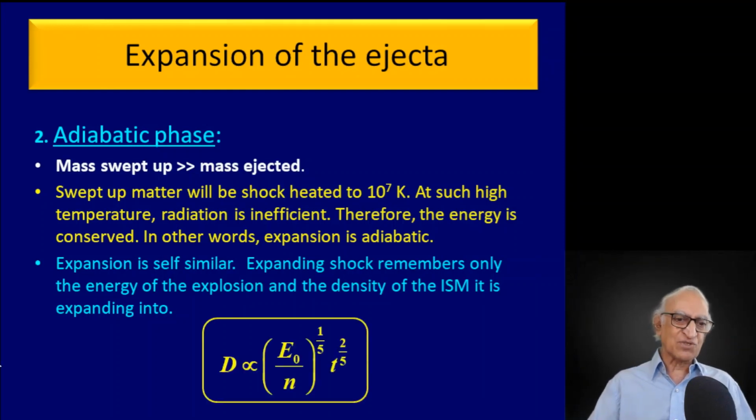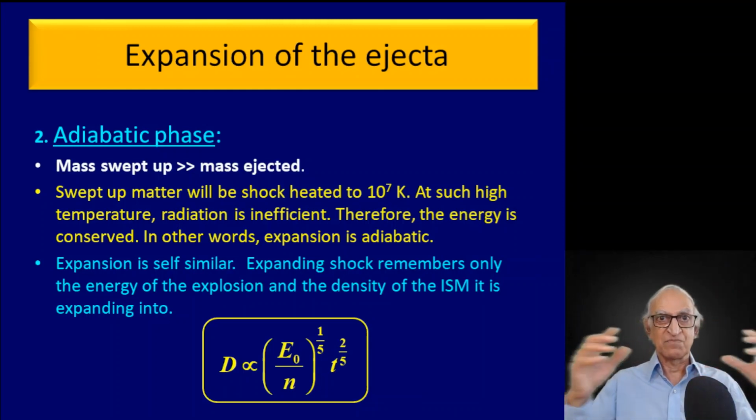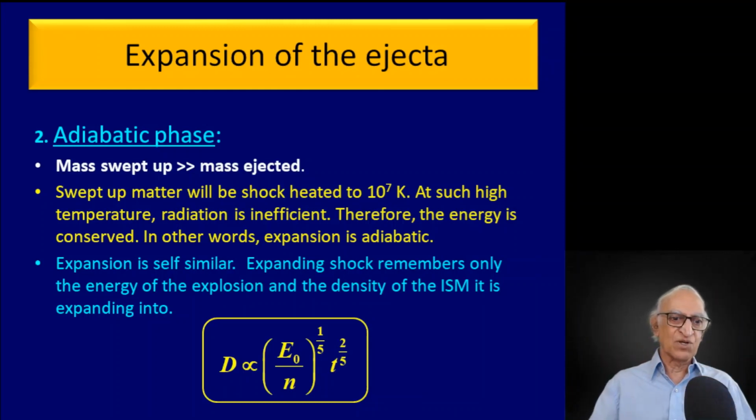Now, it is possible to show that in this phase of adiabatic expansion, the diameter of the supernova remnant will no longer be proportional to the time as in Newton's first law, but it will be proportional to time to the power 2 by 5. Don't worry about it. I'm just stating this.